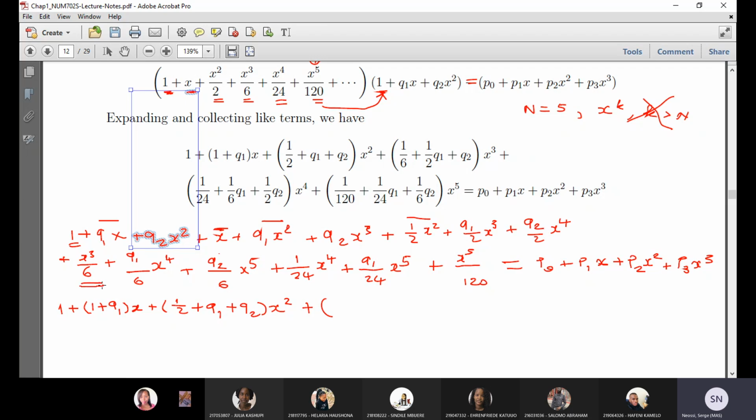We have this one also in x cubed. So this is 1/6 for x cubed. Okay, these ones are greater. Then we go down. We have this one, this term, q1 by 2.